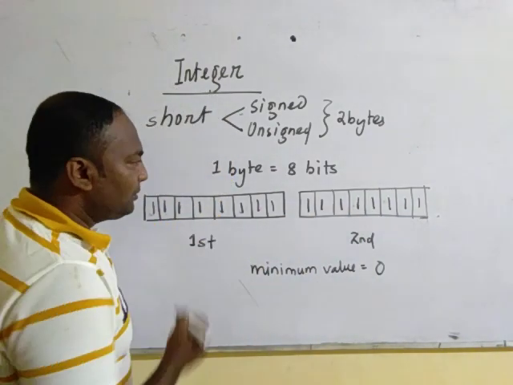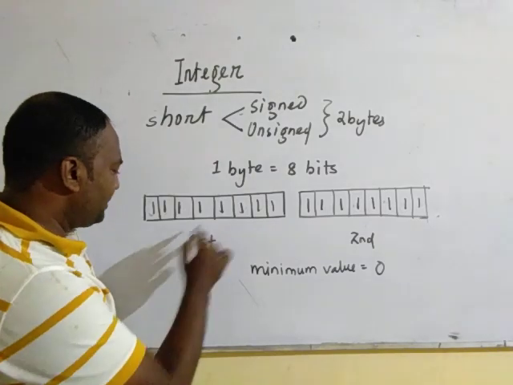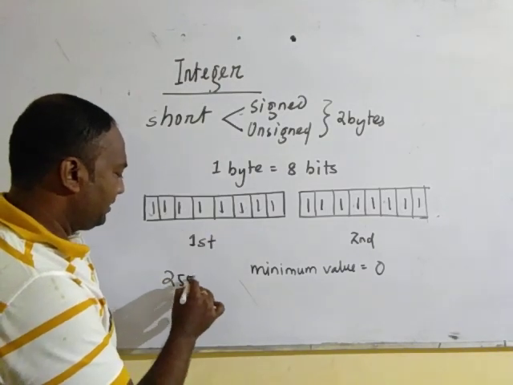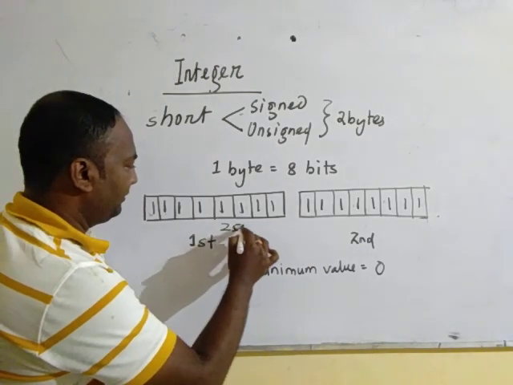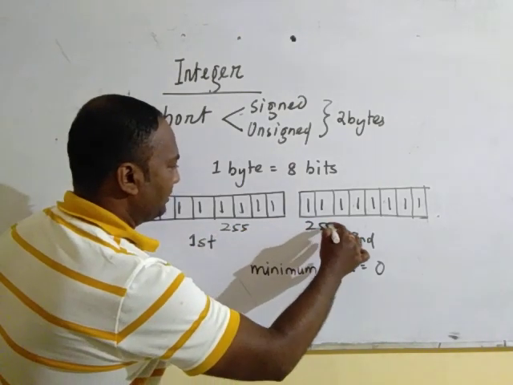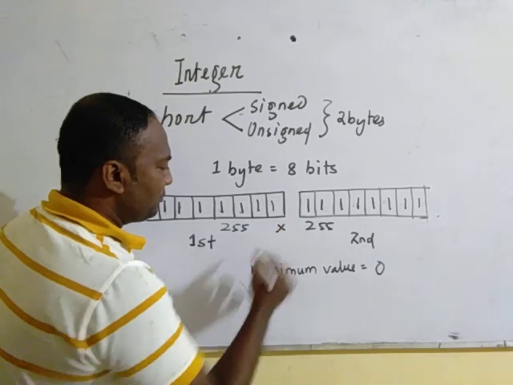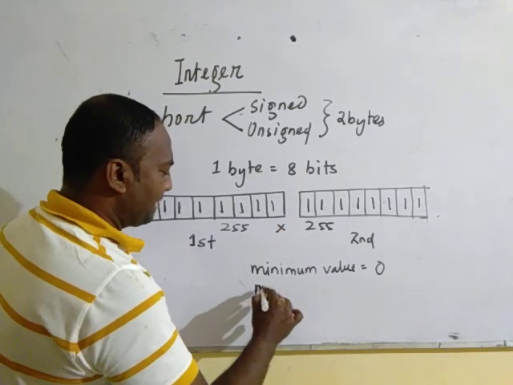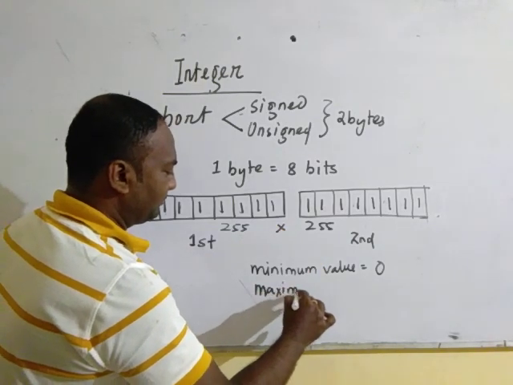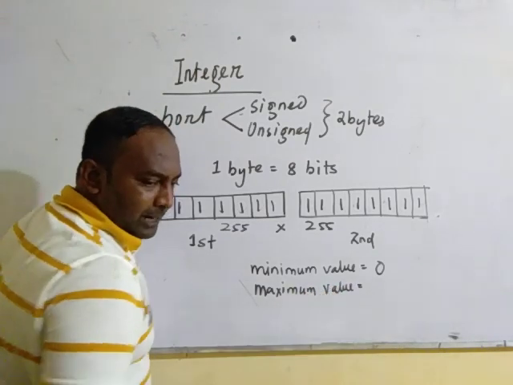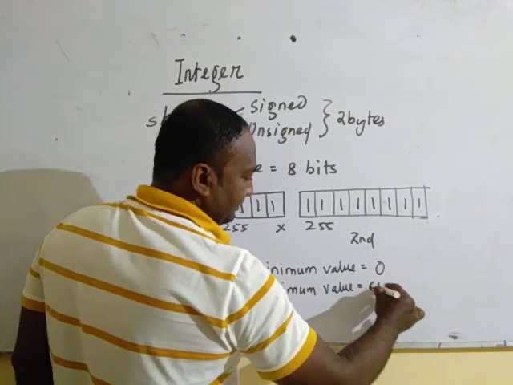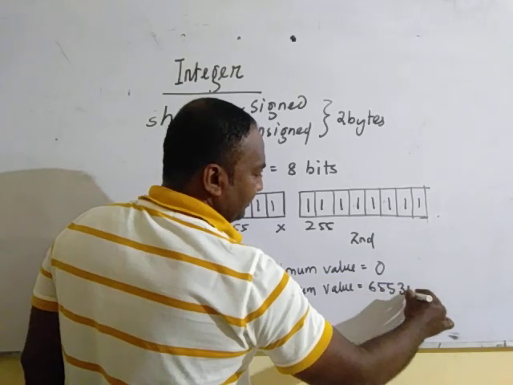If we convert it to decimal numbers, this value is 255. This is also 255. So 255 into 255 will give the maximum value, 65,535.